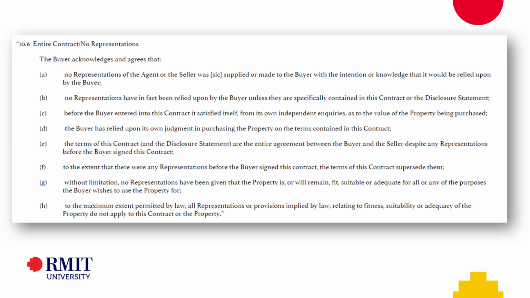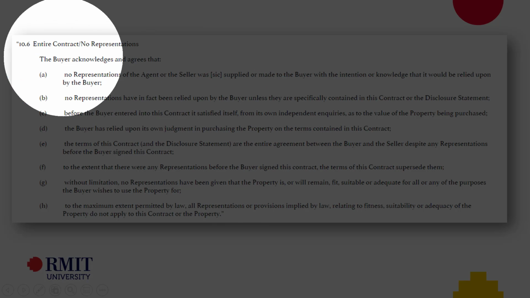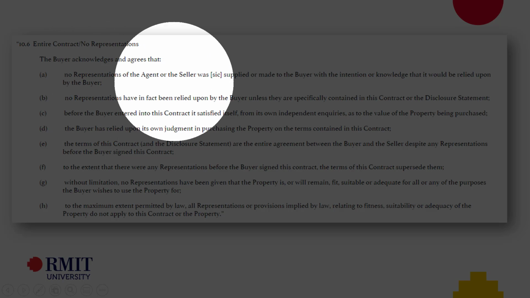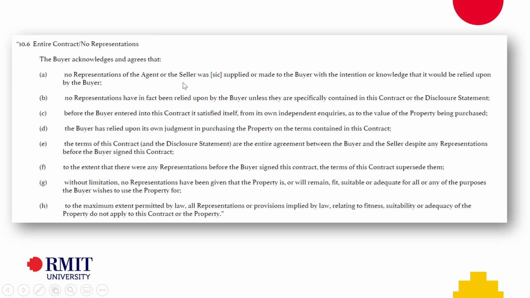Now notice this, representation here, and there's a couple of other words. We've got nouns that start with capital letters in the middle of sentences. There's no law that says you have to do it that way, and some people don't, but it's a pretty common convention amongst law firms that if you're going to use a term to mean the same thing over and over again in an agreement, then you have a glossary or a list of defined terms.